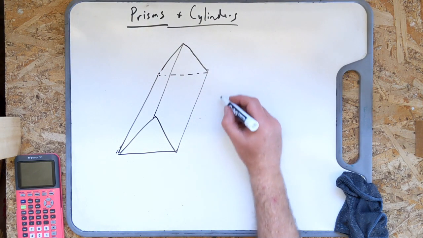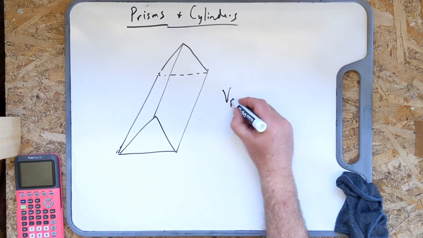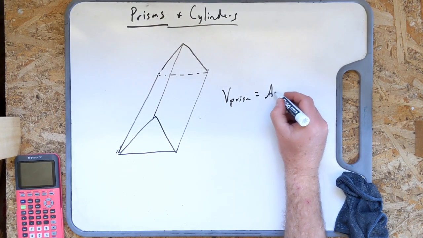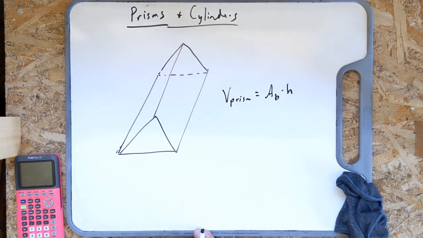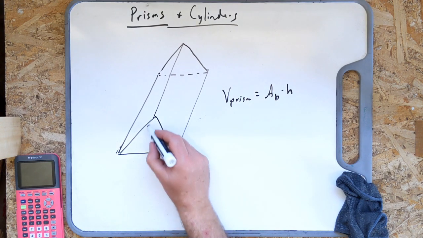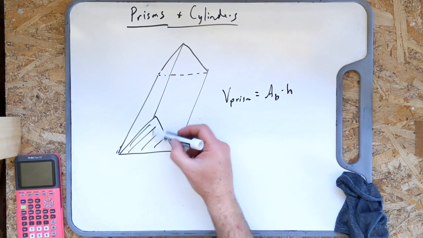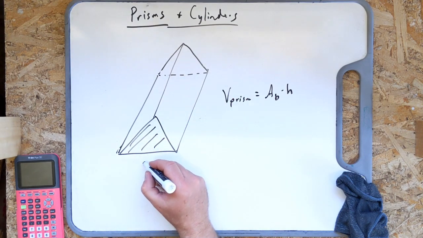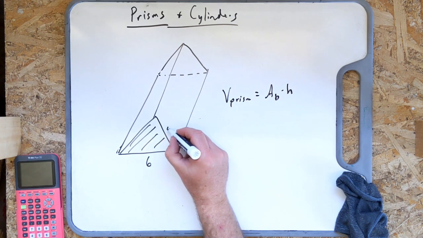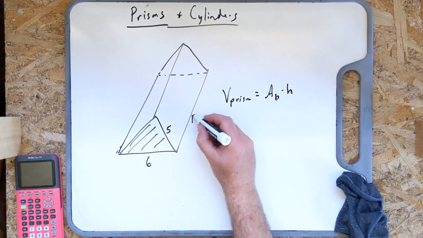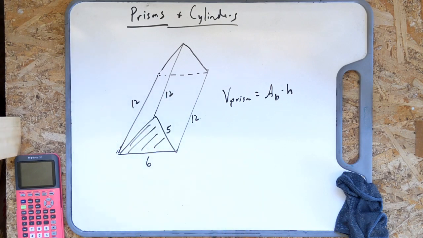In this case, it's a prism, so the volume is still area of base times height. However, the base is the triangle. It's not what you would consider to be the bottom. It's the parallel part. So if I put some dimensions on this, like this is 6, and that's 5, and this is 12, which I think is the same dimensions I used last time. And say that's the same, so it's a prism.